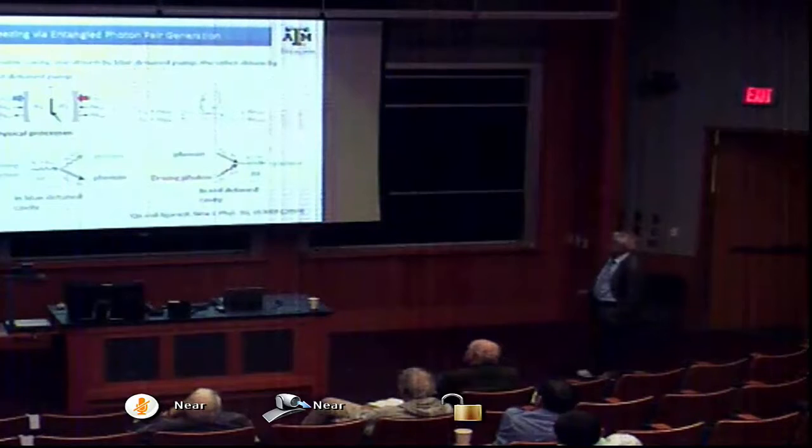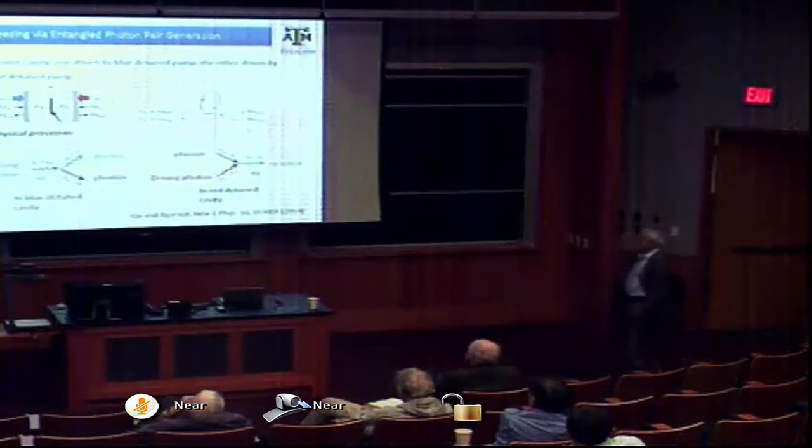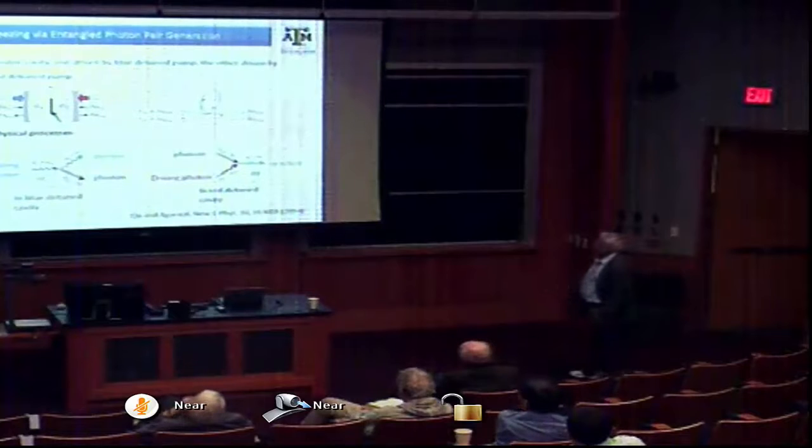The red driving, what it can do, it can take this phonon, omega m minus omega, which you generate here, combined with this red driving, and produce a photon at this frequency omega c minus omega.